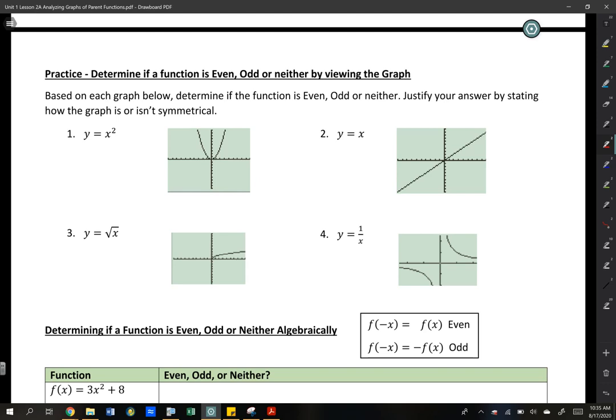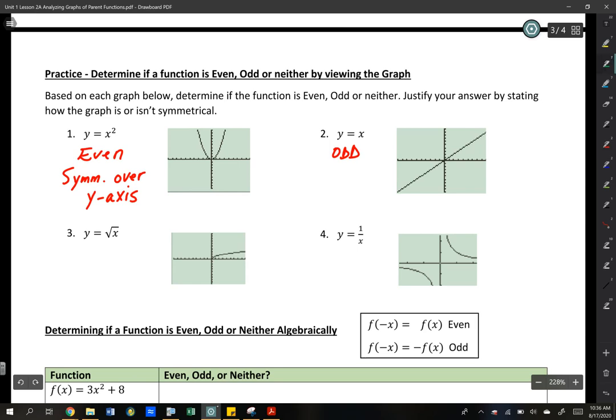For number 1, we already know that, okay, for number 1, we have y equals x squared. This guy is even. And it's symmetrical over the y-axis. For number 2, this one is odd.